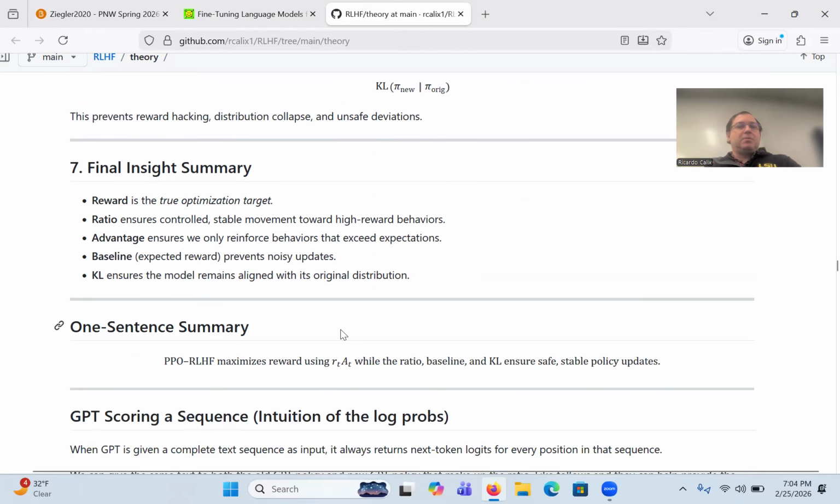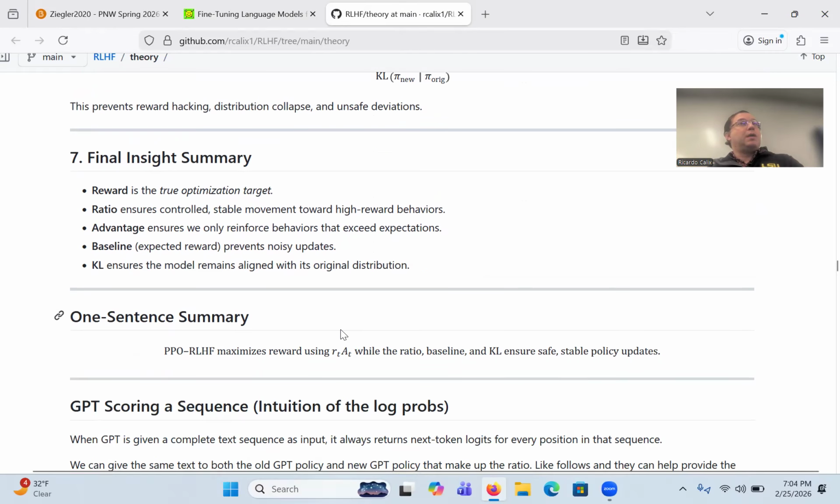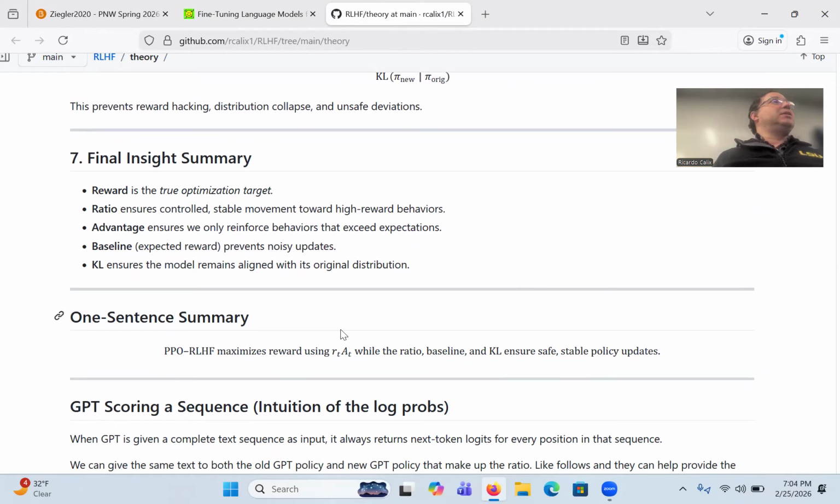Final insight summary. So reward is the true optimization target, as it is usually the case in all of reinforcement learning. So this is the thing we plot, as you will see in the Q-learning. This is the thing we're trying to optimize. But these systems have a lot of brakes. And that's a good analogy. So the ratio ensures controlled, stable movement toward high reward behaviors.